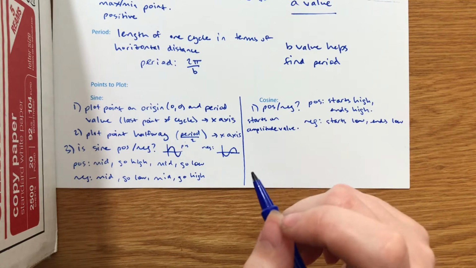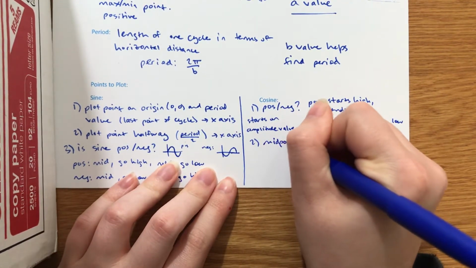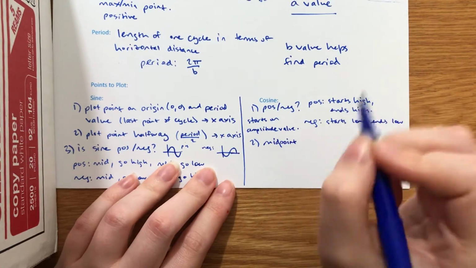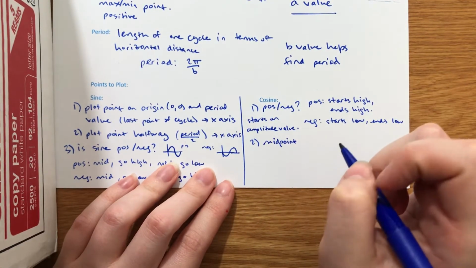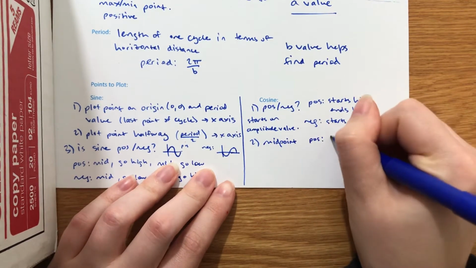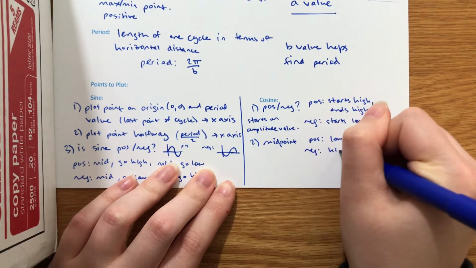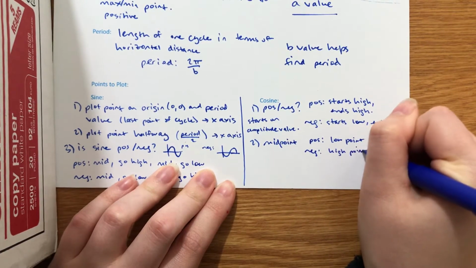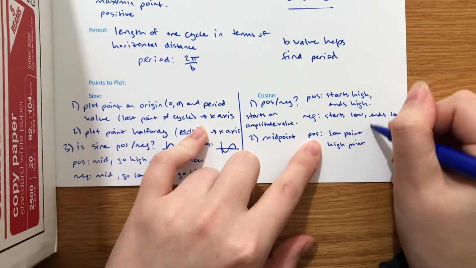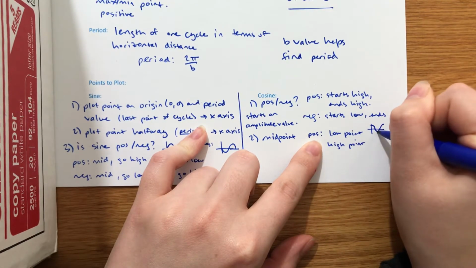All right, and then step 2, the midpoint will be either the high point or the low point. So if it's positive, it's a low point. And if it's negative, it's the high point. So if it's positive, then you're going to find the low point, this one.